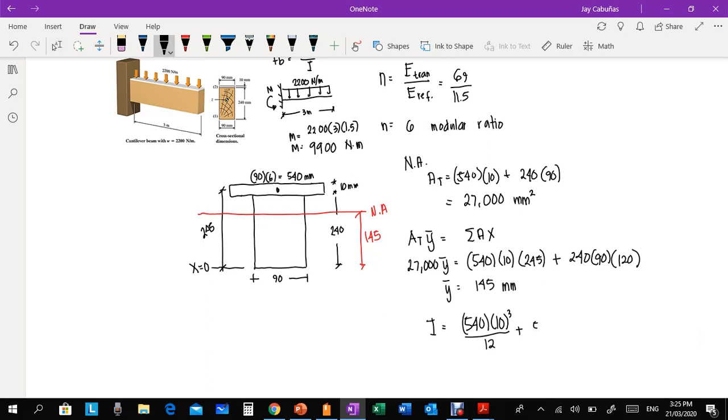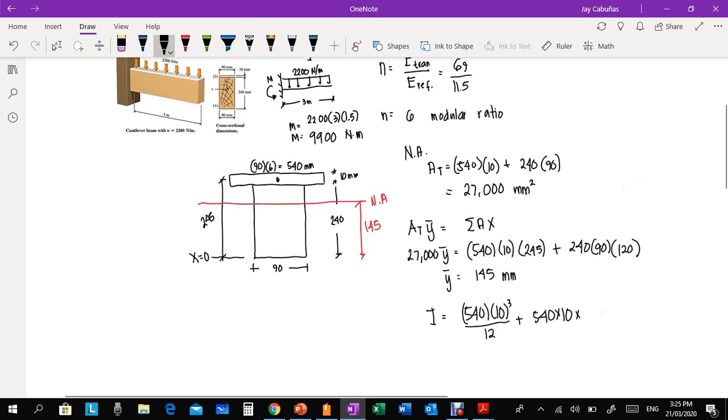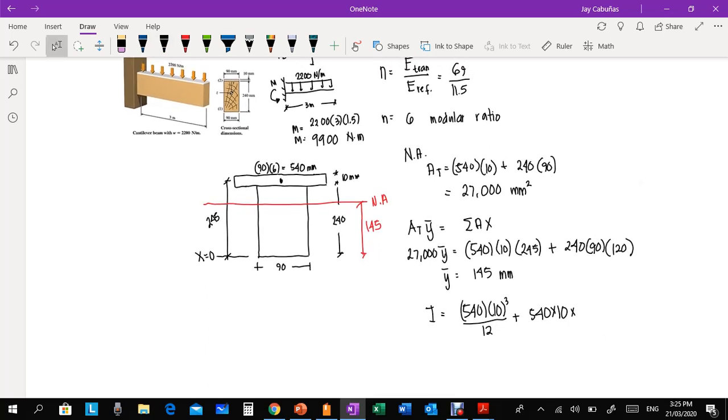Plus 540 times 10, tama? Times from the neutral axis, kaninang point, pila na siya? If that is 145, pila ni siya dapit dare? That is 145 minus 250, that is 105.